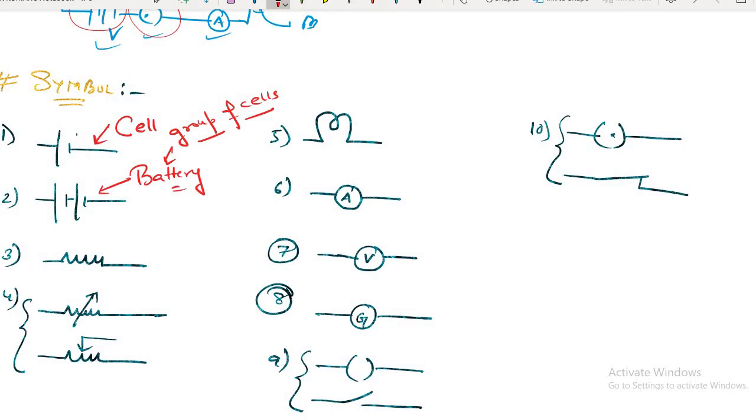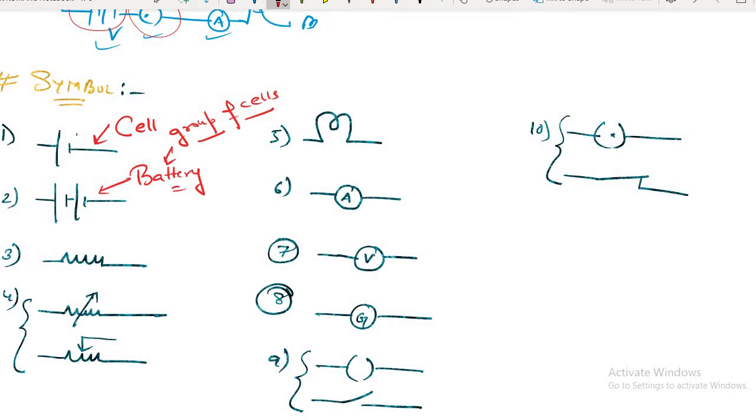When two cells come in contact with each other, they form a battery. For example, in a torch we use two cells. That forms a battery. So what is a battery? A group of cells forms a battery. Have you understood?